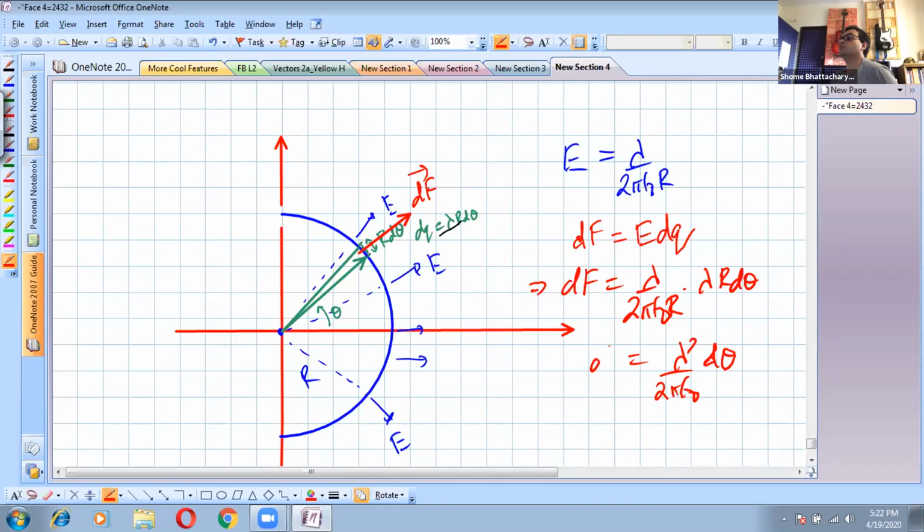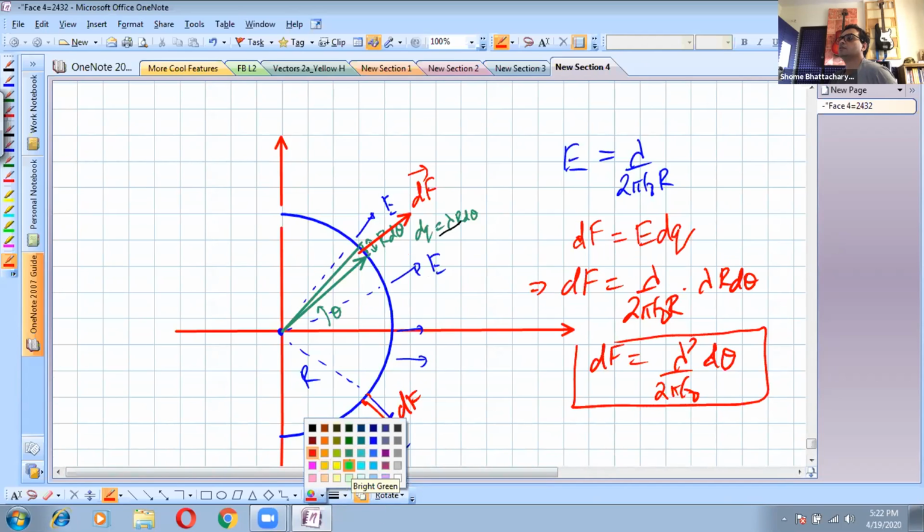But now you can see that the force has a cancelling component and an adding component, because an element over here will experience a force dF like this. So you can see the y components will cancel and the x components will add. So my net force will ultimately act along the positive x.